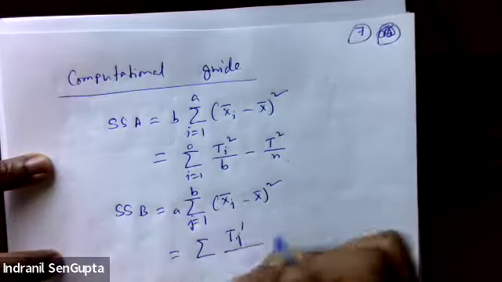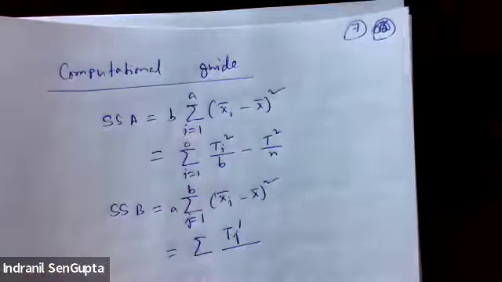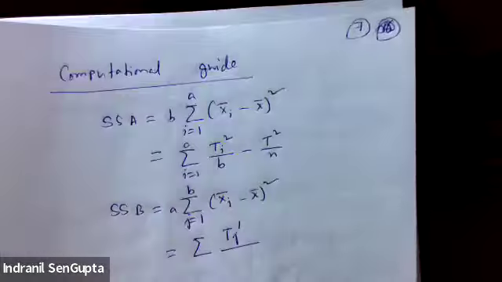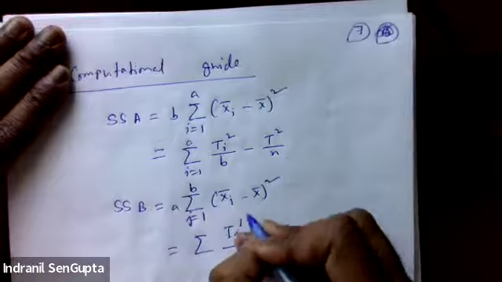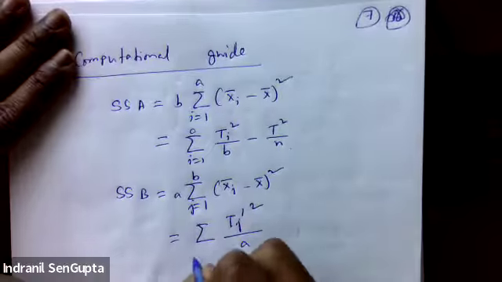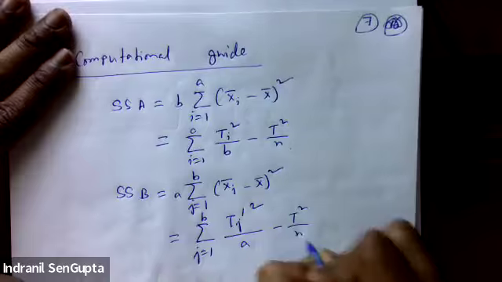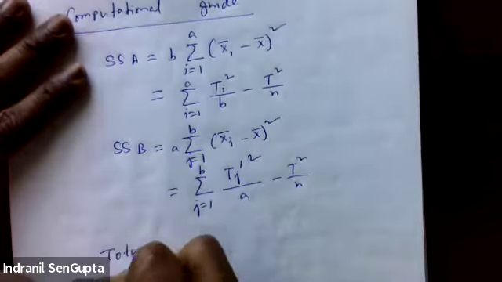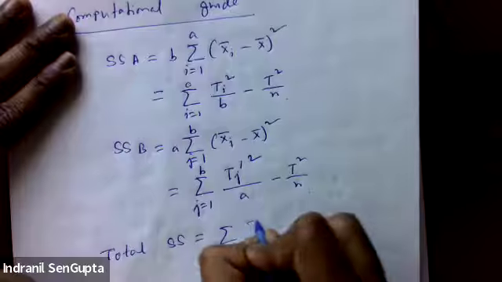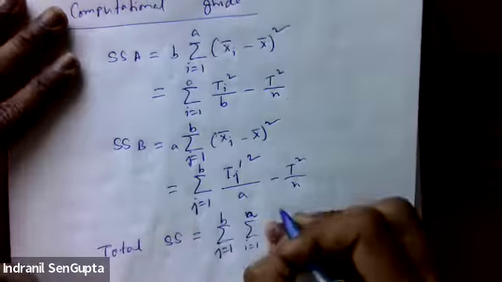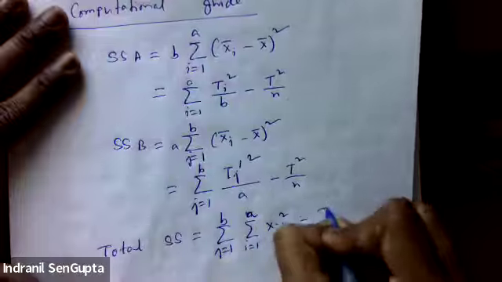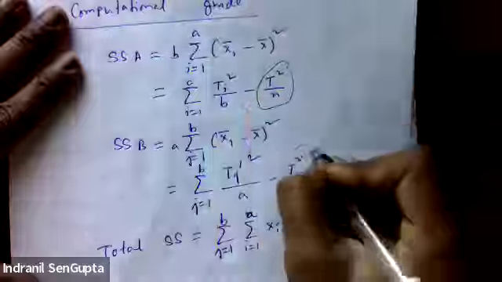the summation of Tj prime squared over A, j from 1 to B, minus T squared over N. We have defined everything before. So remember what Tj is? So we have all these definitions, T, Ti, Tj. These are all the notations that we used before. And the total SS is given by the summation over i from 1 to A, j from 1 to B, of xij squared minus T squared over N. So you see this factor T squared over N is coming a lot of times.